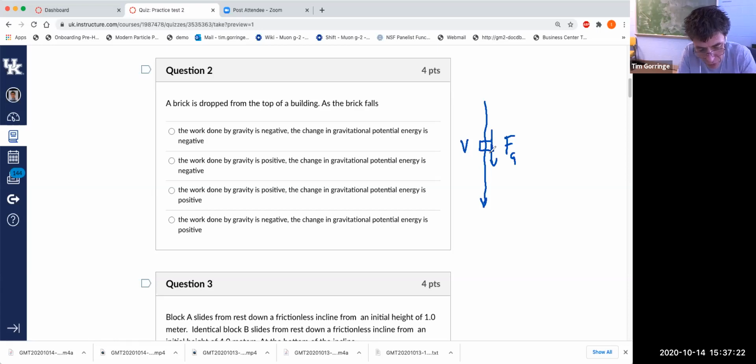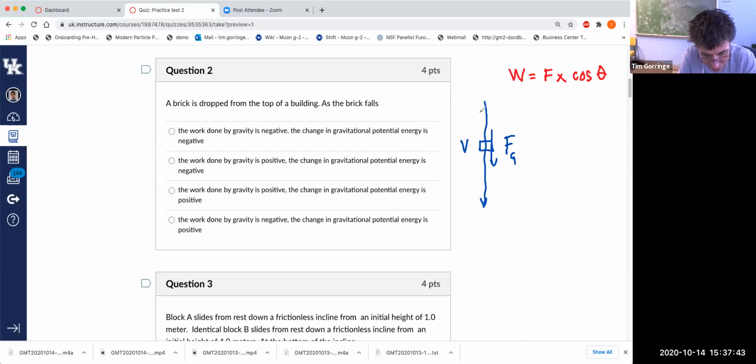energy? Well, for the work done by gravity, we can just use that equation again that relates the work done by a force to the force, the displacement, and the cosine of the angle between the vector force and the vector displacement.